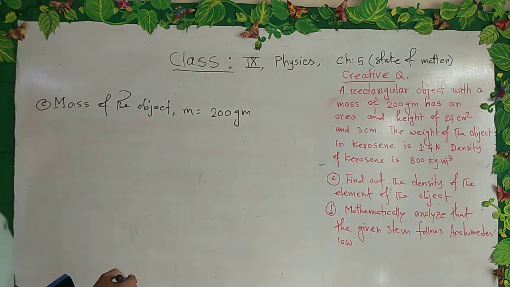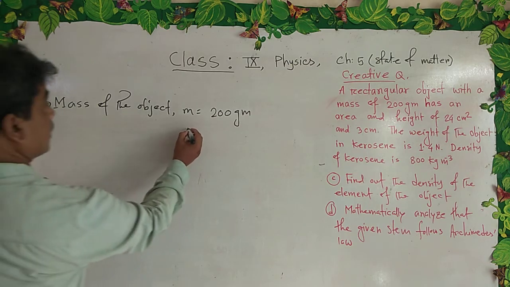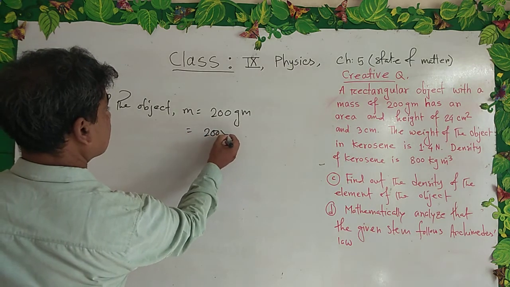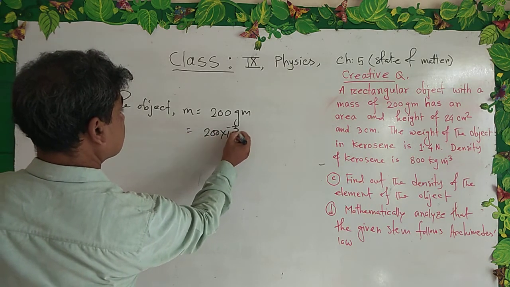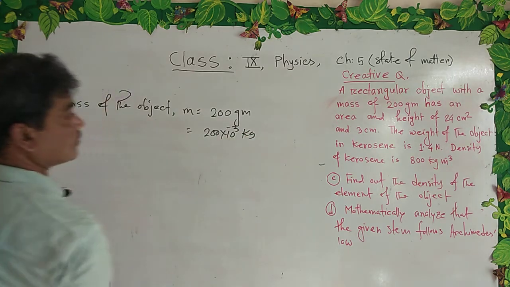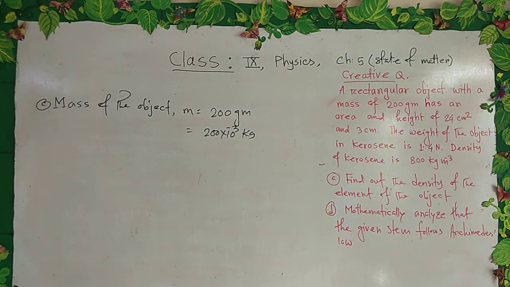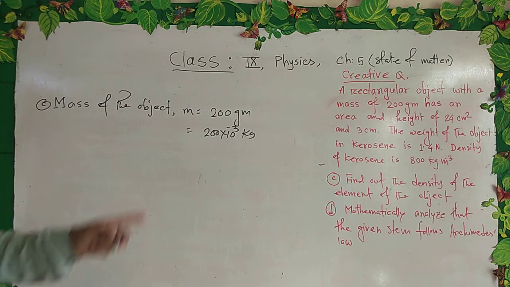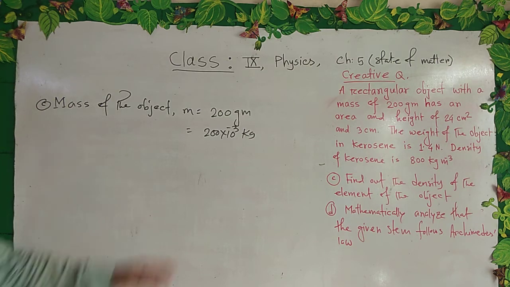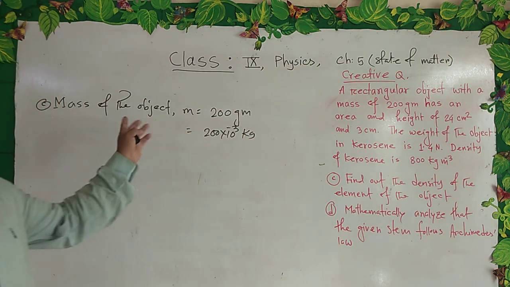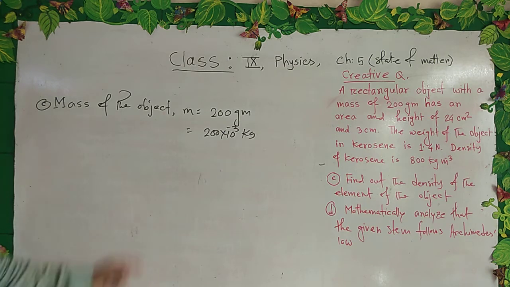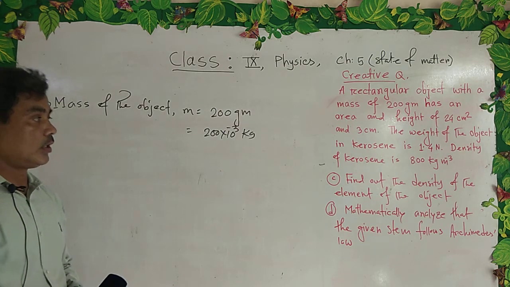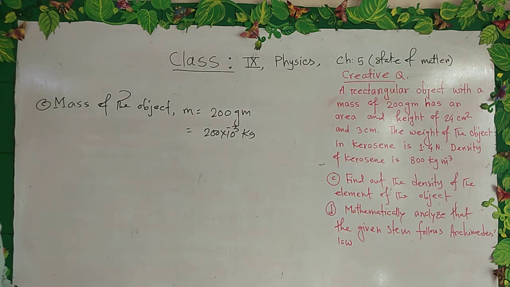This will be converted into kg, and it will be 200 into 10 to the power minus 3 kg. So we have to find out the density of the element.